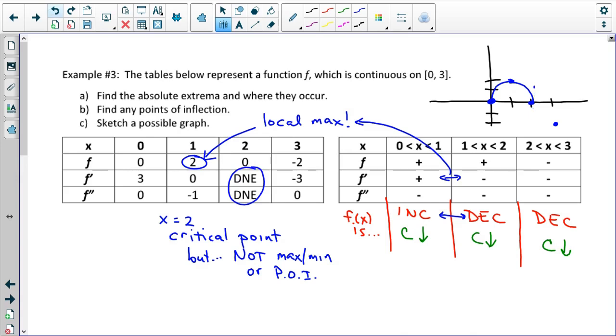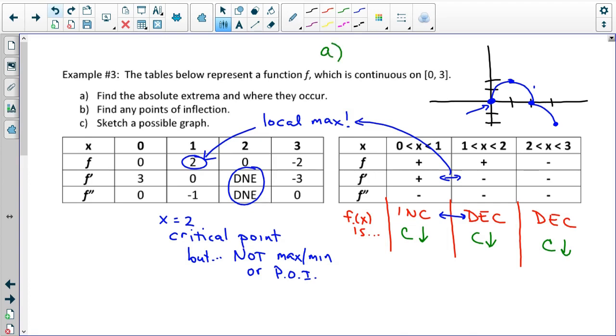So I can kind of live with that. This one probably should have a slightly different slope, but we'll kind of live with it for right now. And then I'm decreasing and concave down again. So my graph is going to look something like that. Okay, so this would be a representative graph of example 3.